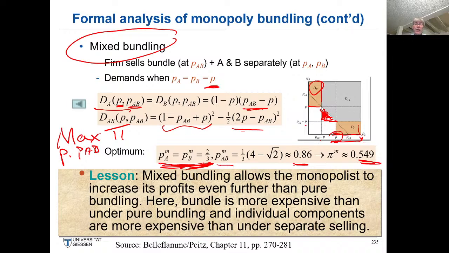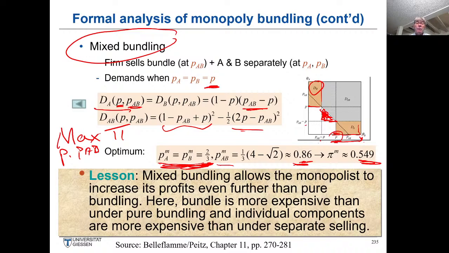Then mixed bundling comes, and then comes separate selling with the monopoly price. In terms of welfare, pure bundling is better than mixed bundling because you have lower prices. Given that marginal costs are assumed to be 0 here, this would be the natural result.